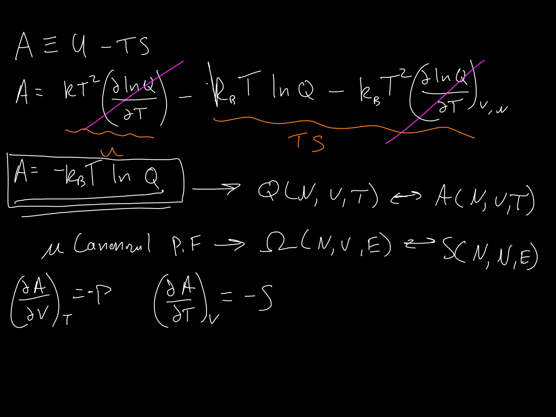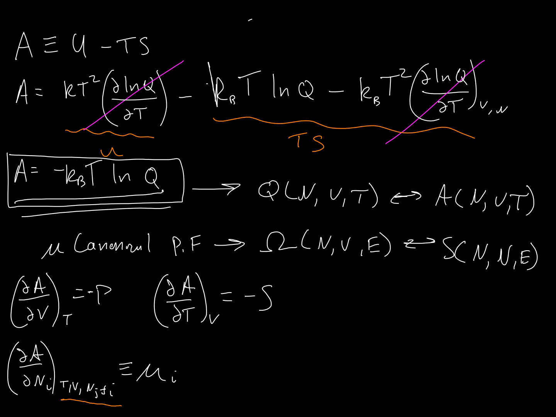So lastly, we can write the chemical potential with respect to Helmholtz energy. In this case, the chemical potential is at constant T, V, and N_j not equal to i.